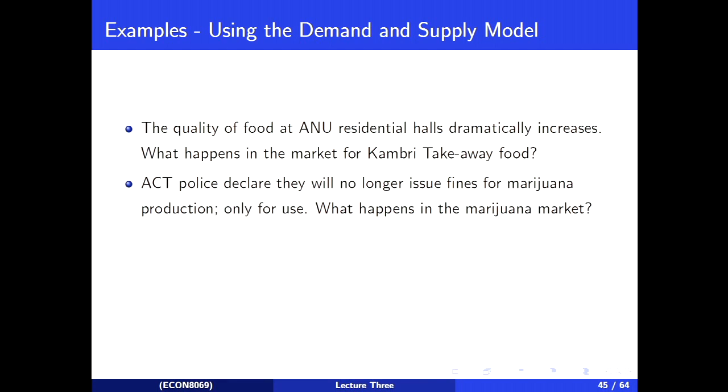And again, you can talk about this in terms of initially at the original price, there's excess supply, and so we draw down the price in order to sell all the new product that we're producing. We push the price down towards this new equilibrium at point B. Any questions, concerns?